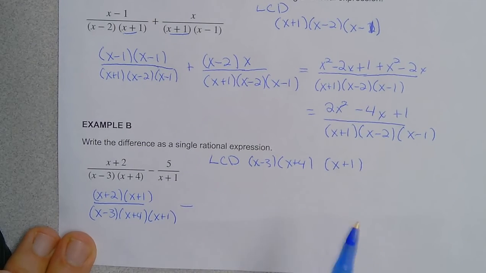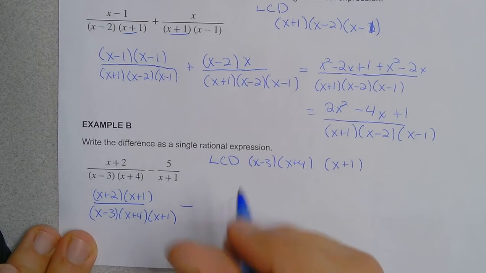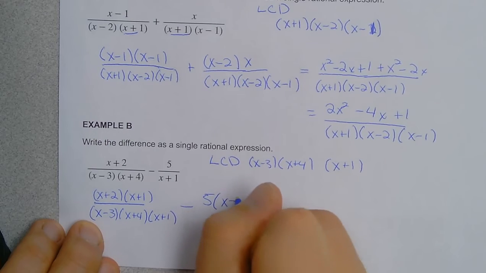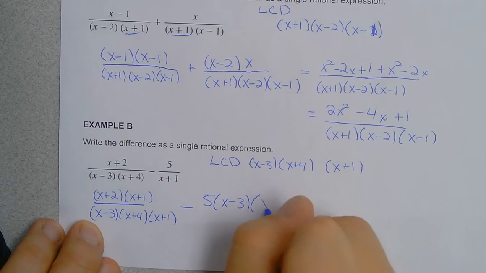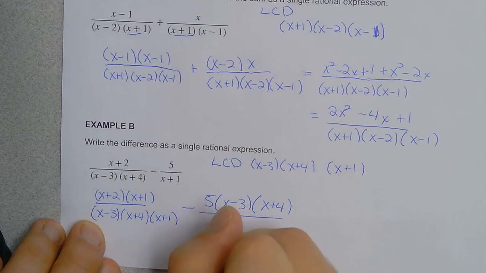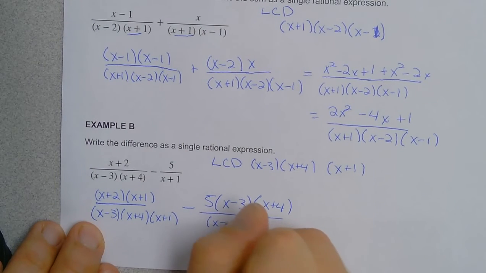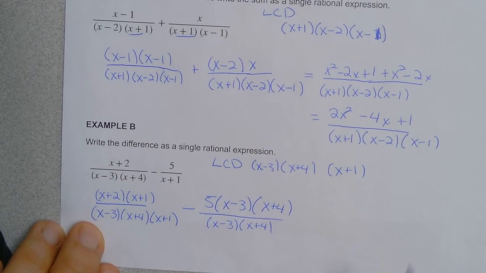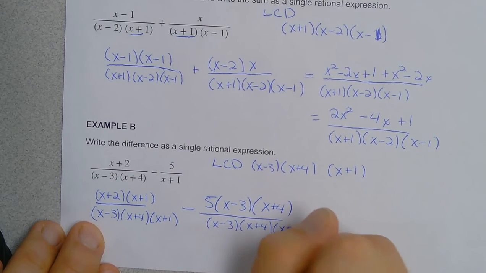And then I'm going to subtract. I need to multiply the other expression by x minus 3 times x plus 4. So I'm going to have 5 times x minus 3 times x plus 4. And then divide that by x minus 3 times x plus 4 times x plus 1.